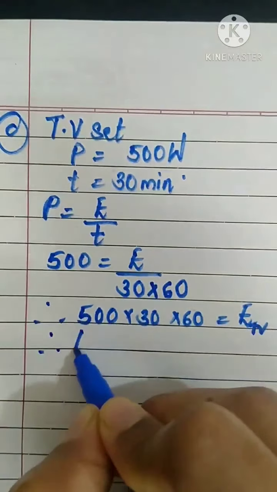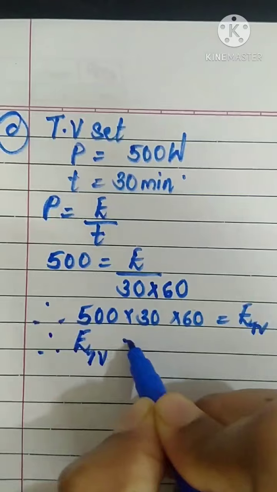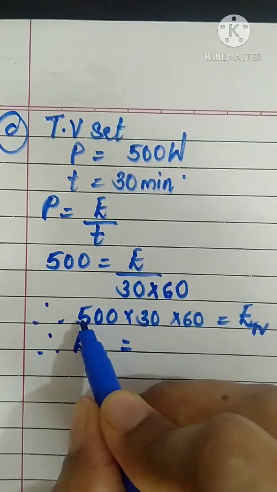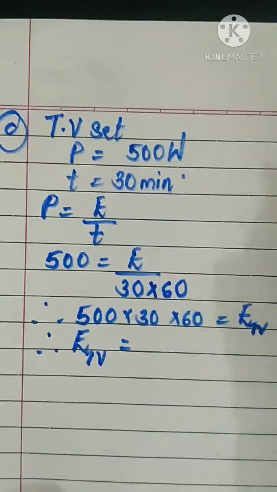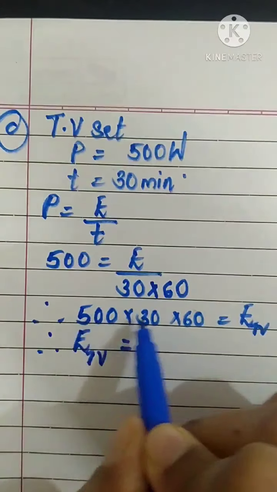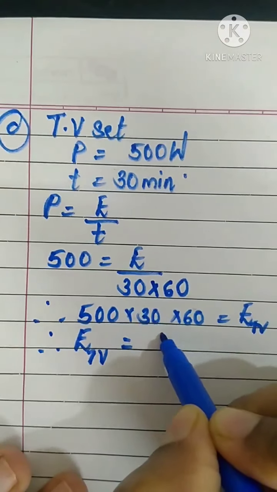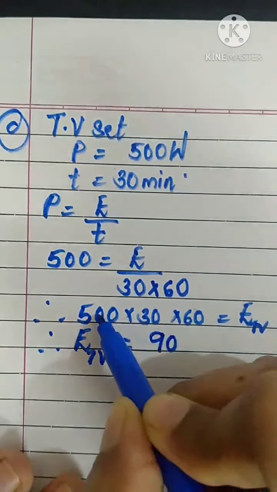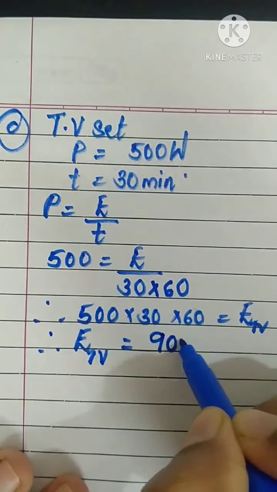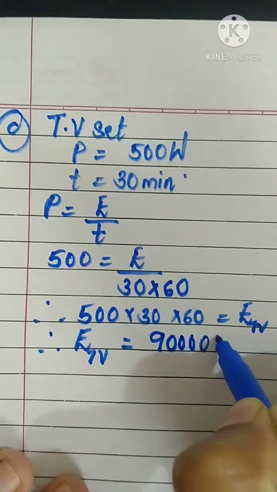So energy consumed by TV is equal to, multiply, 5 3s are 15, 15 6s are 90, and these many zeros, 1 2 3 4.